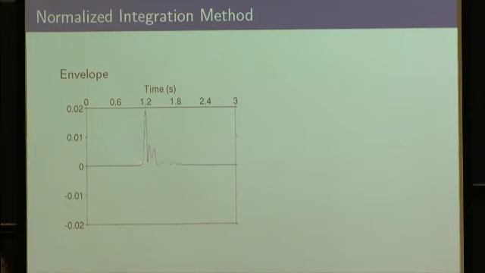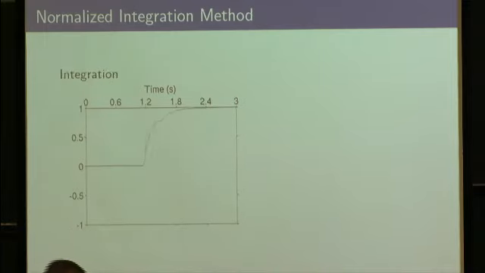Well, when I take, let's say, the envelope of my signal, so envelope is just the norm of my analytic signal. Here I have only a positive signal, so when I integrate that one, I have a function that is, by definition, increasing with time. Okay, so sometimes it doesn't maybe increase fast, but it's only a function increasing with time.